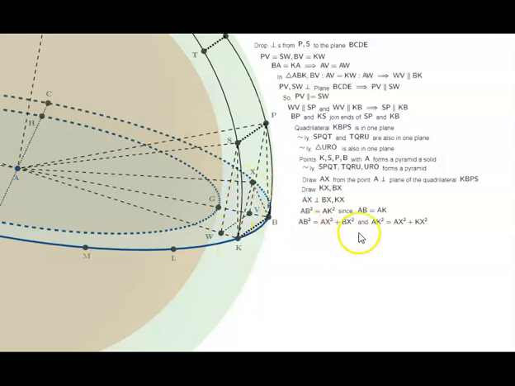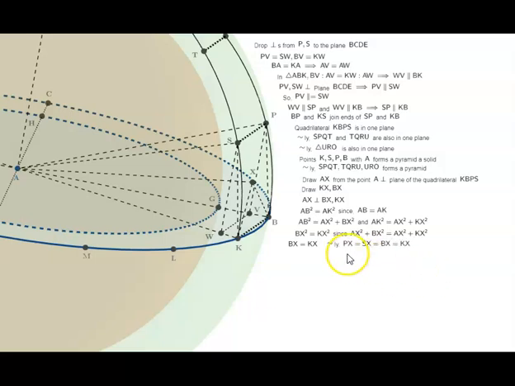But since AB square is equal to AK square, that means AX square plus BX square is equal to AX square plus KX square, and AX square being common to both, we can say BX square is equal to KX square, which means BX is equal to KX.